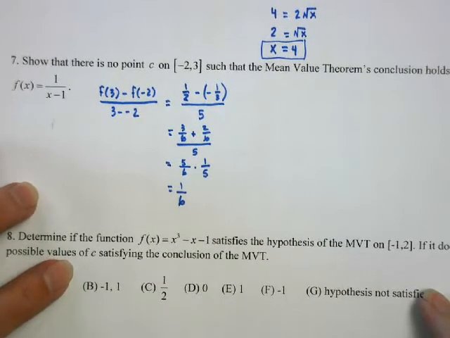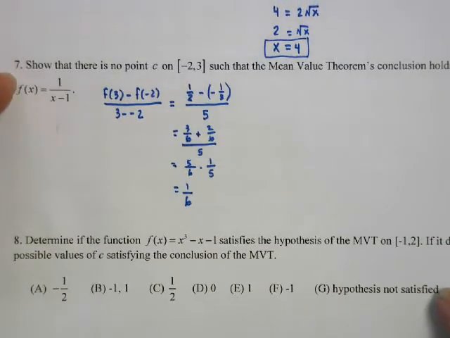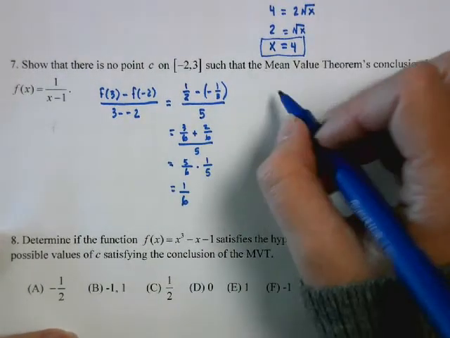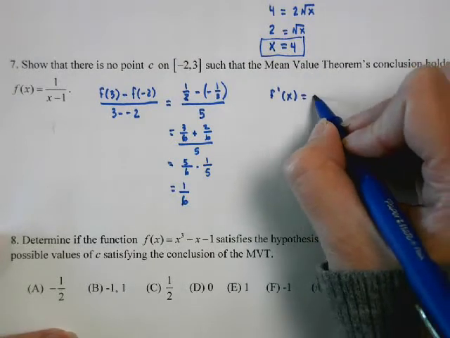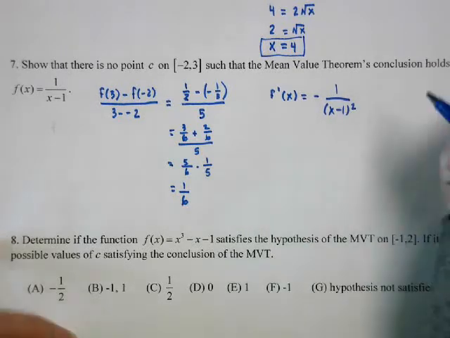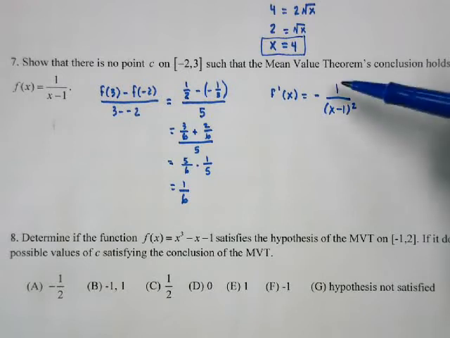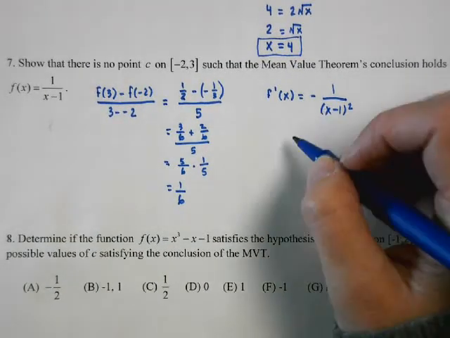So we're going to show that the conclusion is not true, that if I take this derivative, there is no point between negative 2 and 3 that has a slope of 1/6. So the derivative there is going to be negative 1 over x minus 1 squared. The derivative of 1 over x is this, and with the chain rule, we're just multiplying by 1.